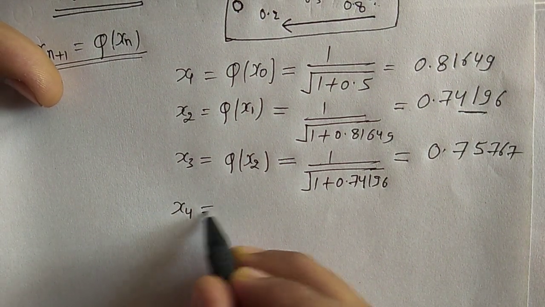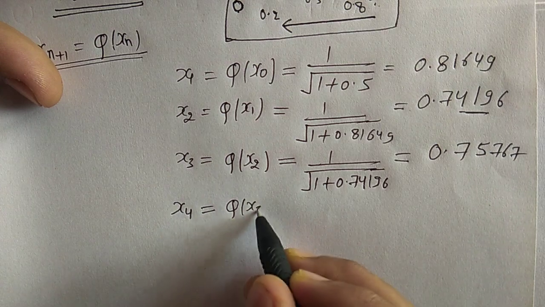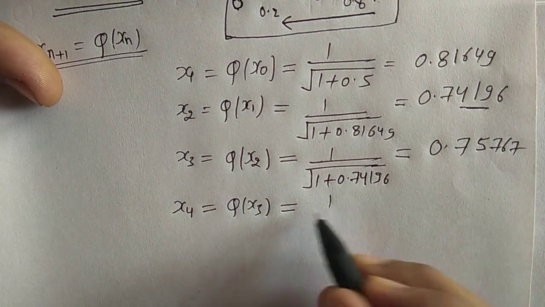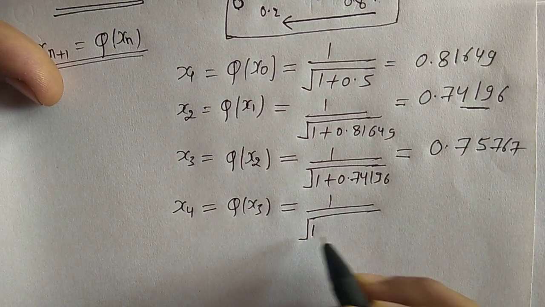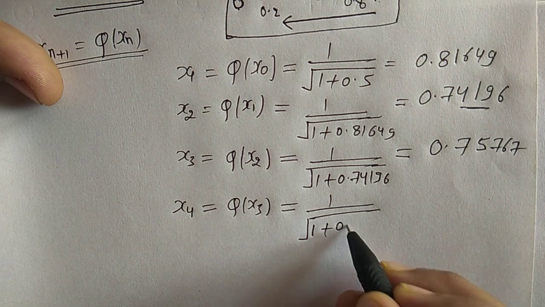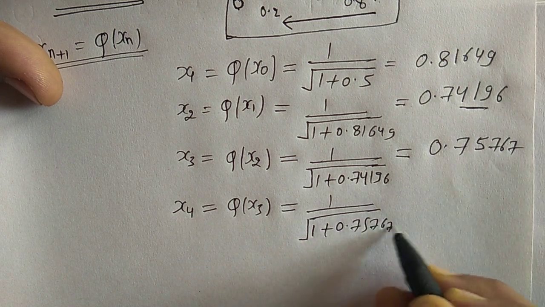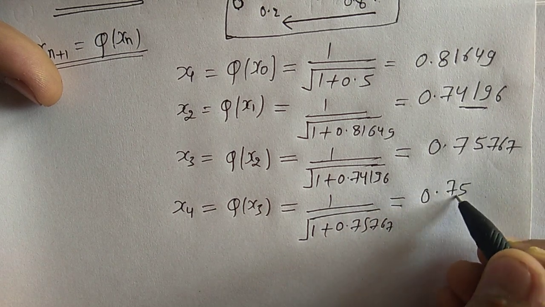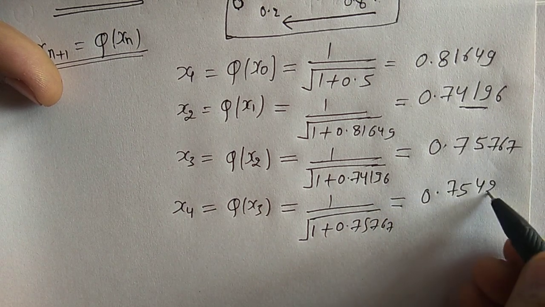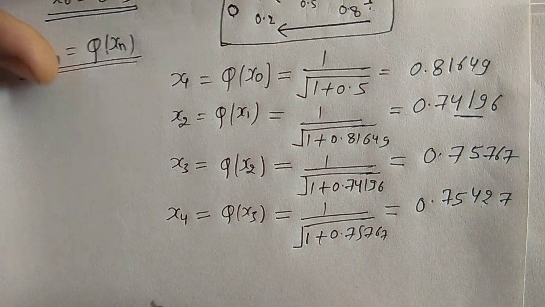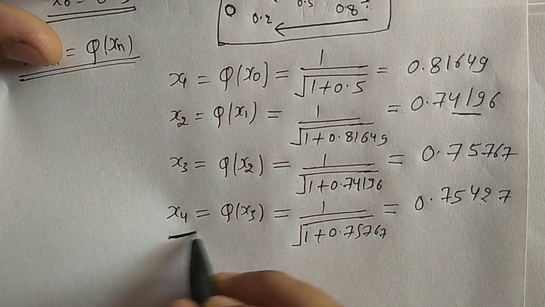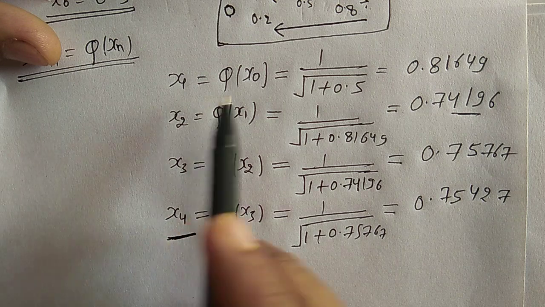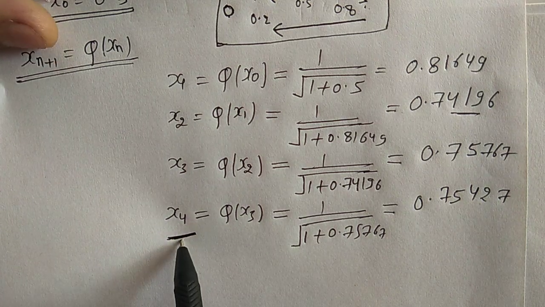And x4 equal to phi of x3, so 1 upon under root 1 plus 0.75767. So x4 equals 0.75427. If you want to stop the iteration here, we have done 4 iterations.